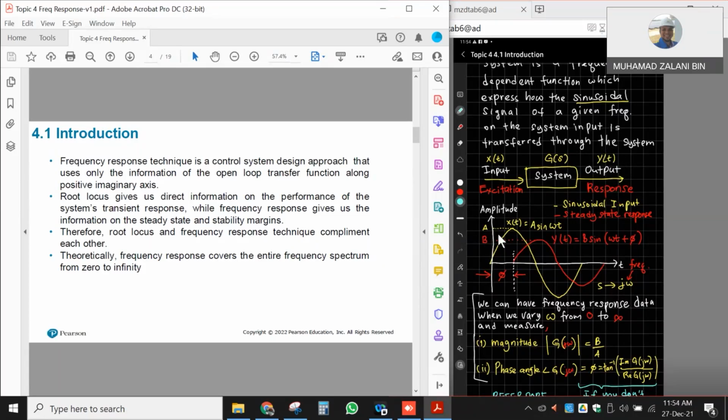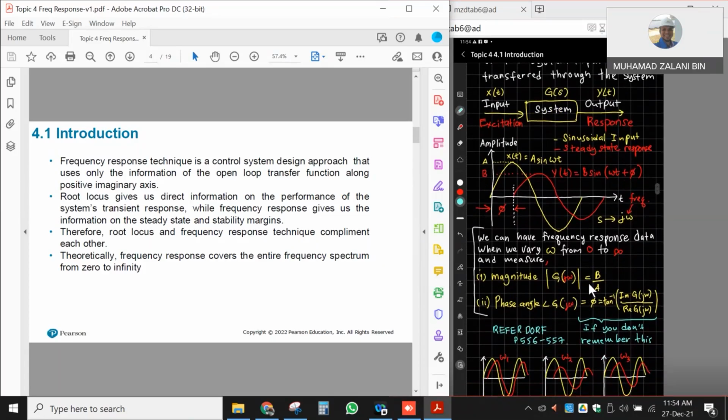If we give the input sinusoidal waveform, the yellow one here, we will observe the output, the red one, which is y(t). So x(t) is input and y(t) is output.